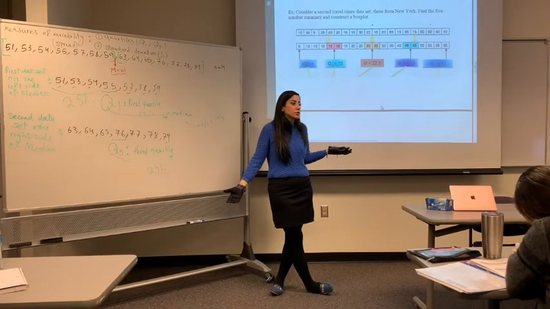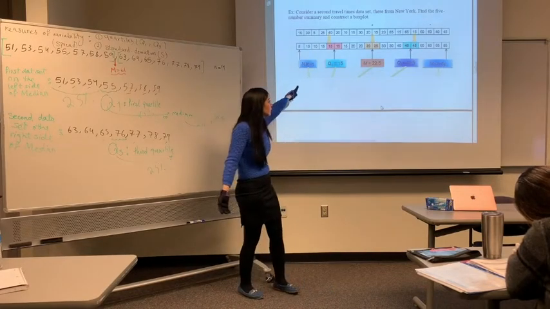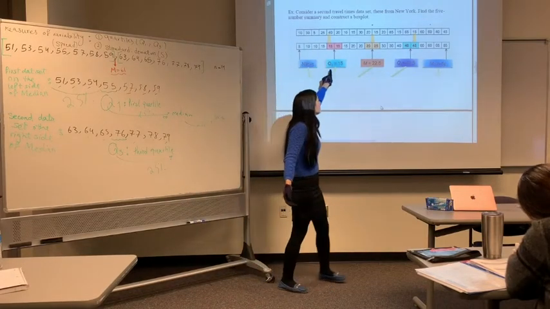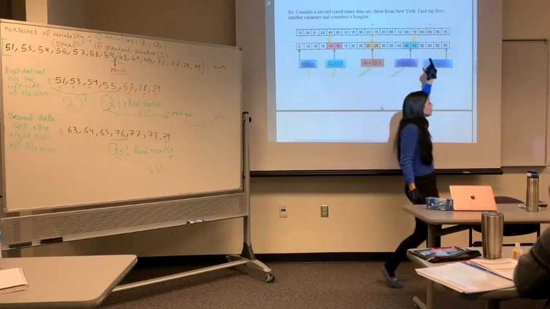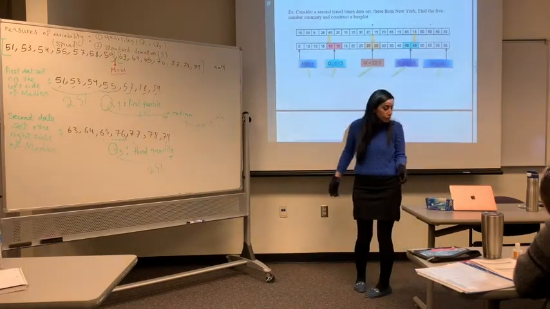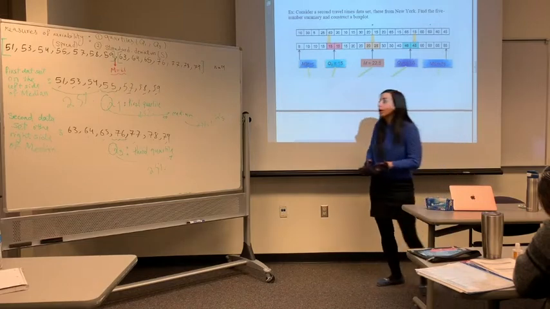This is 5 number summary, correct? So now for this data set, 5 number summary is minimum, Q1, median, Q3, maximum. I'm going to use this to draw a box plot.